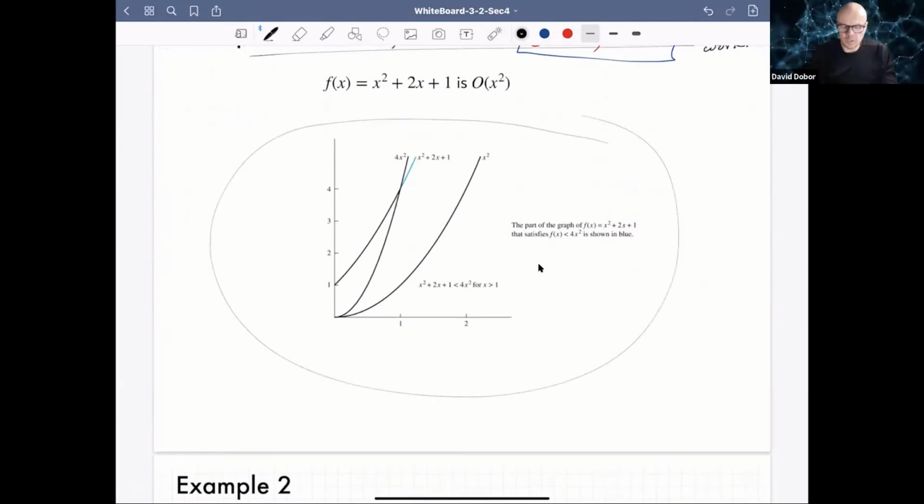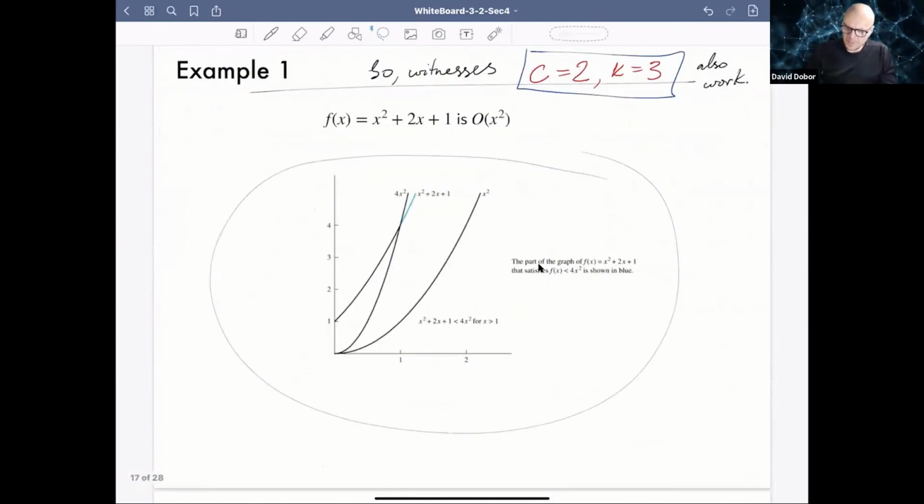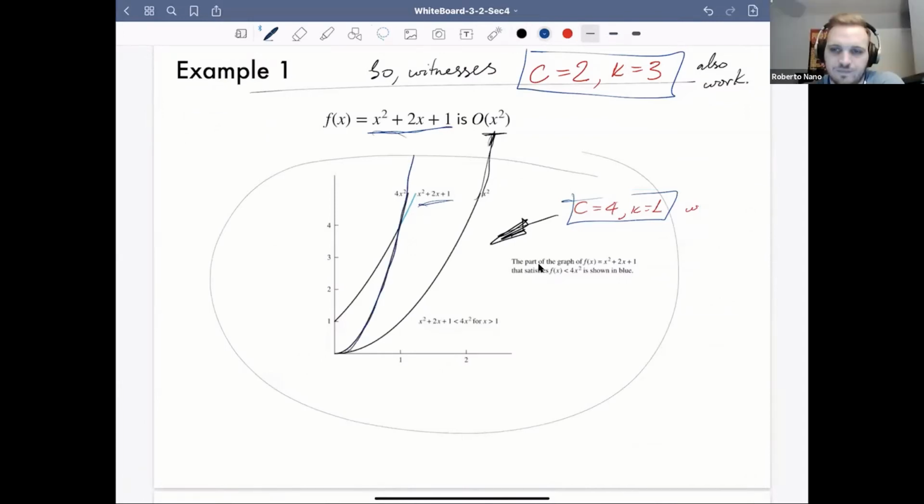So what did we do? Let's pick out our first pair of witnesses here. How so? Well, here was the original x squared. It was below my f. But as soon as I multiplied by a constant 4, it became stretched in such a way that the tail of f of x was stuffed underneath 4 times g of x.